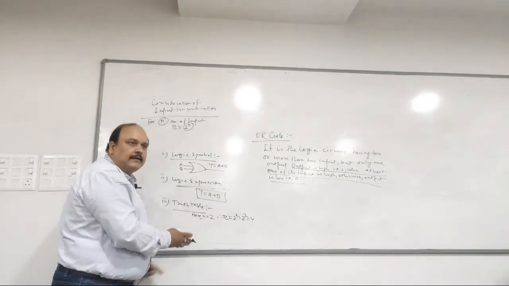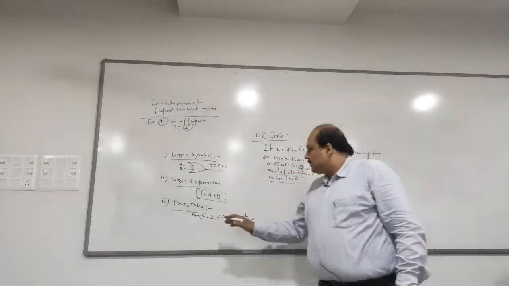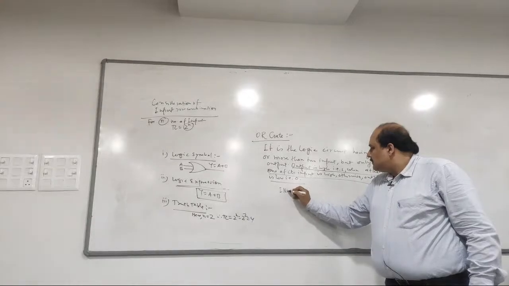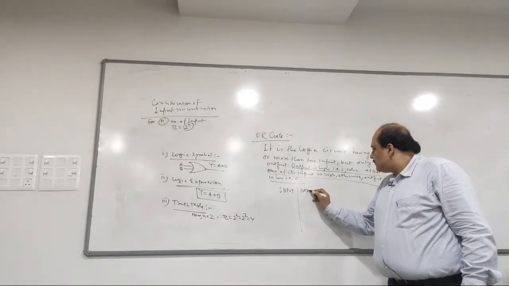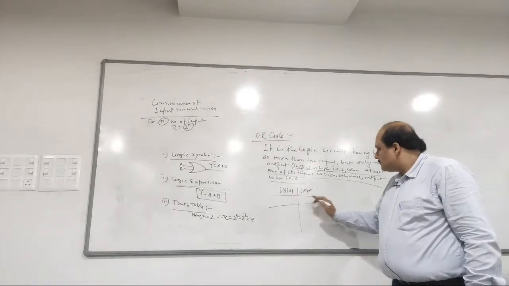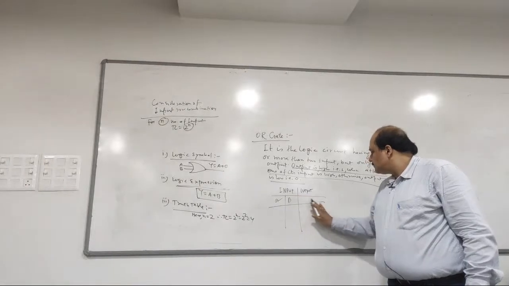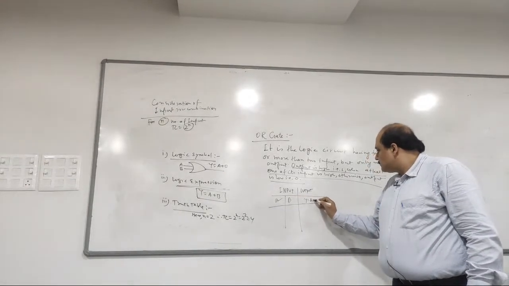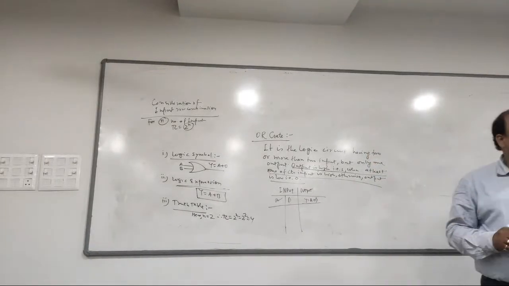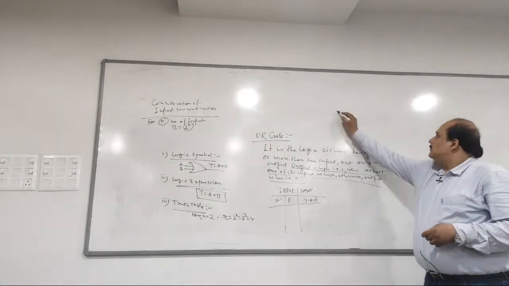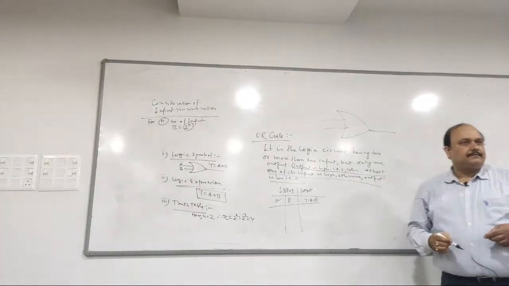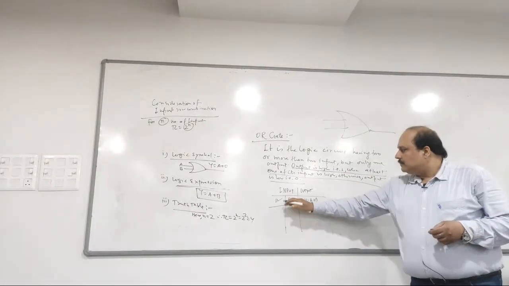Now, for generating the truth table, how can you generate it?